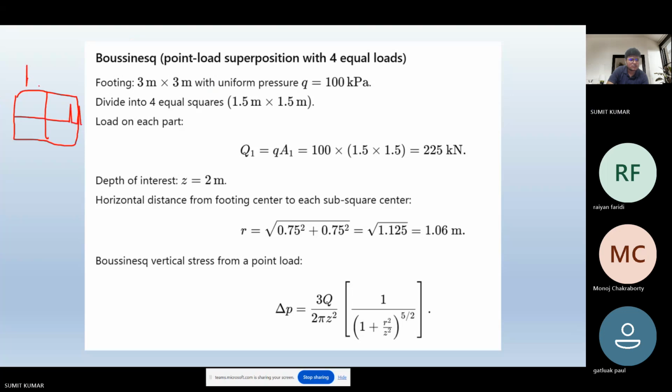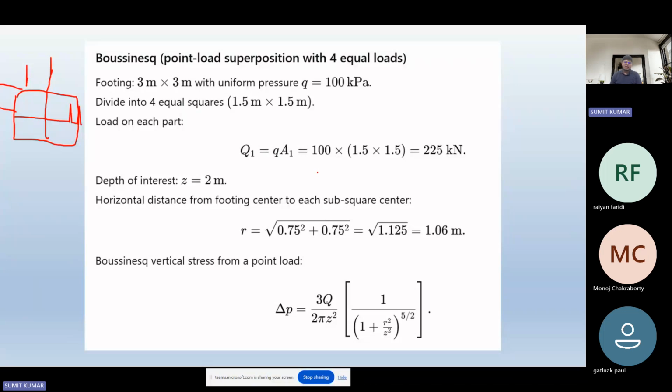Now Q equals 100 into 1.5 into 1.5, equal to 225 kilonewton.